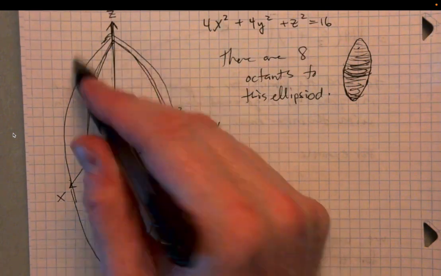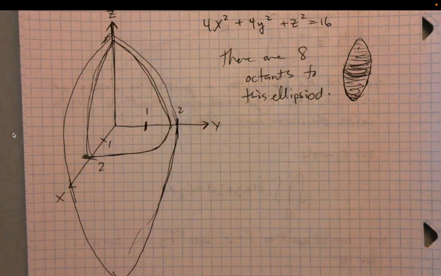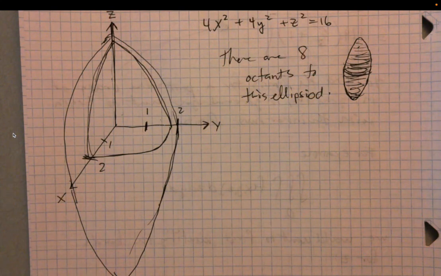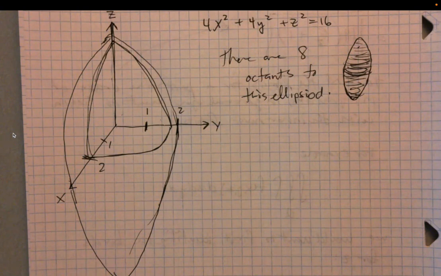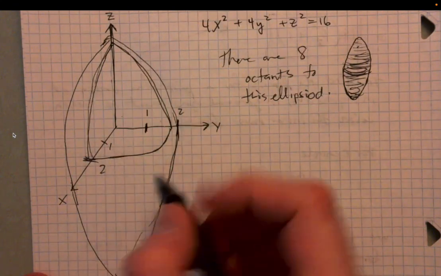It extends, has some height, but it's perfectly symmetrical about the origin in the z direction. Given that it's symmetrical, we can simplify the calculation by considering just the portion of the ellipsoid lying in the first octant, just this section up here.